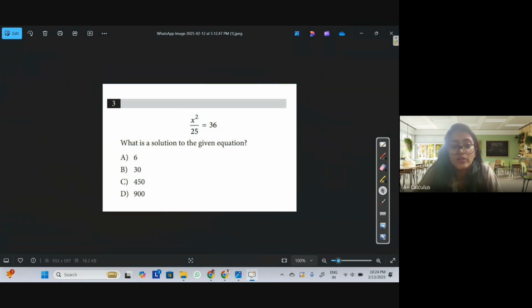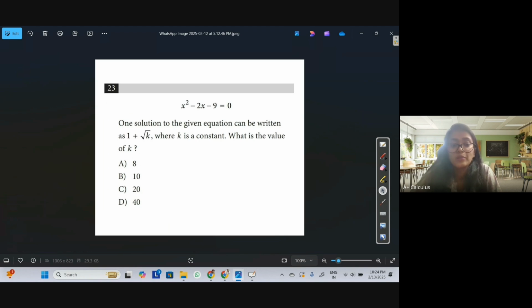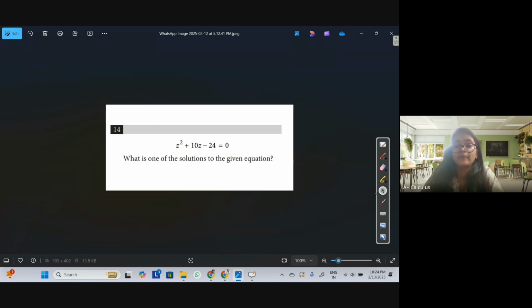Now, all of these questions you can do either algebraically or on DESMOS. And if you want to do them algebraically, there are 3 methods to solve a quadratic equation. You can either solve it using the quadratic formula, or you can solve it by factoring, which is also called the AC method.